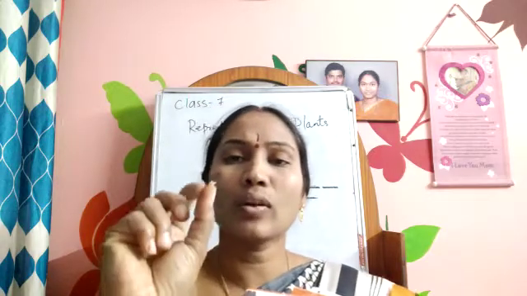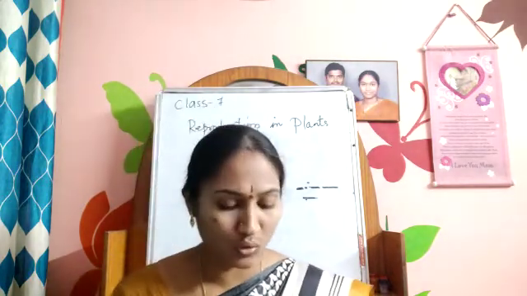This flower is very small, so I am not able to show you properly. Inside this there is an ovary. If you cut it into two halves, you can see the ovary part. If it were Datura, then I could have shown you perfectly.